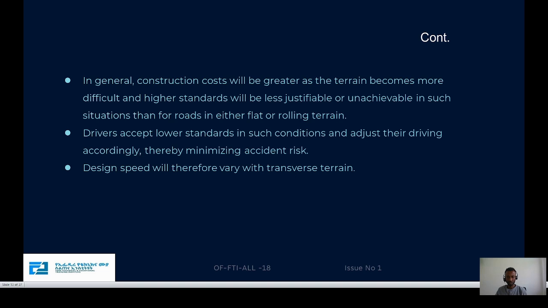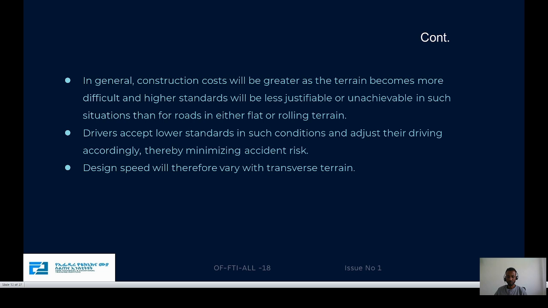In general, construction costs will be greater as the terrain gets steeper. For flat terrain, the construction cost is lower compared to mountainous and escarpment terrain.